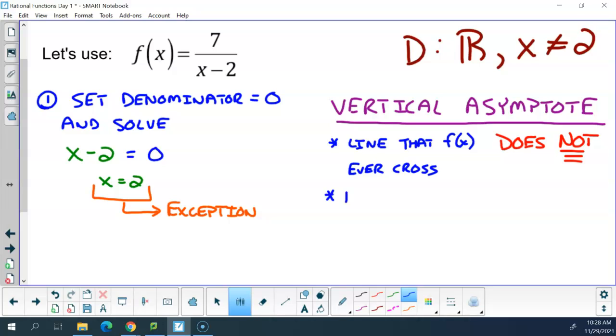When we get to put it on the graph, it will go on our graph as a dashed line. And it will have to go on your graph. Okay? It's got to go on your graph.